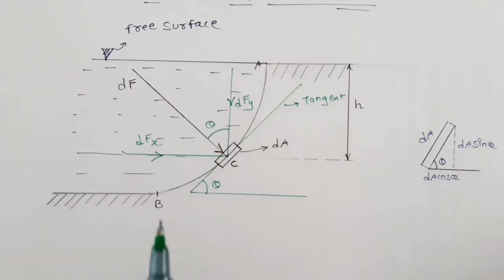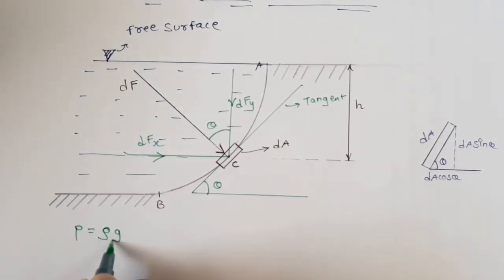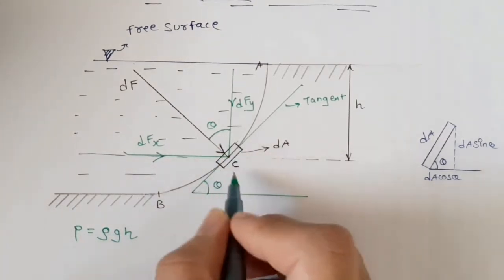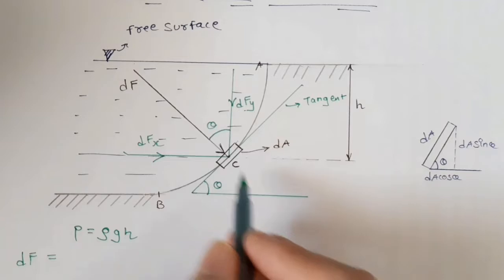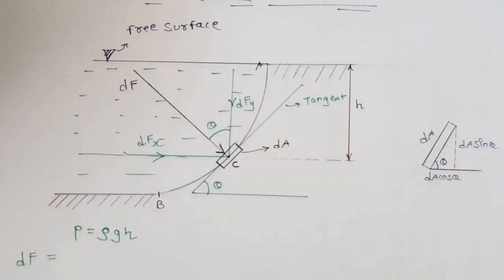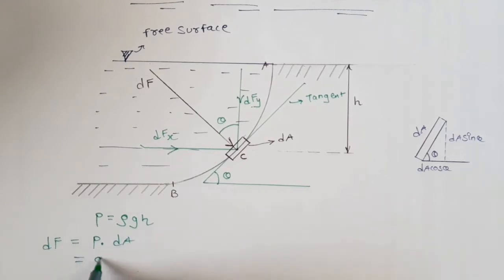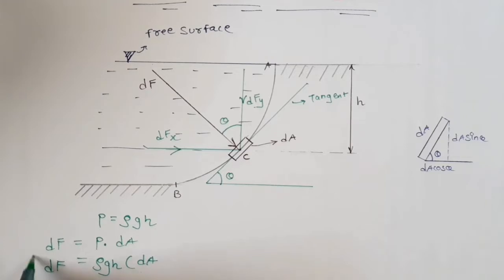According to the hydrostatic law, the pressure at a particular depth inside a static fluid is given by P equals rho g h. This is the pressure acting on this elemental area. So what is the pressure force? dF is the pressure force acting in the normal direction to this elemental area, so it will be pressure into area, that is rho g h into dA.